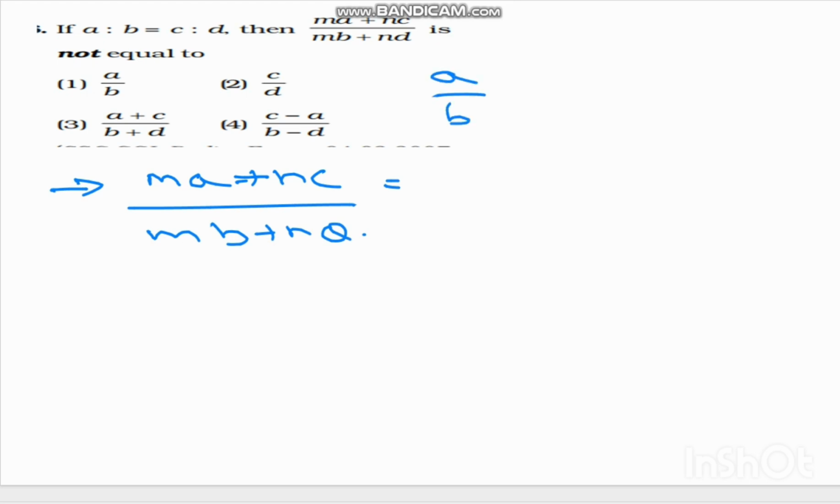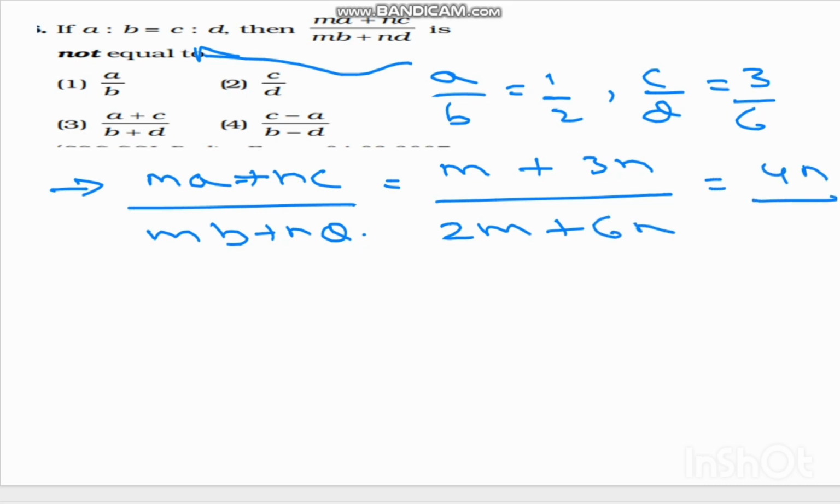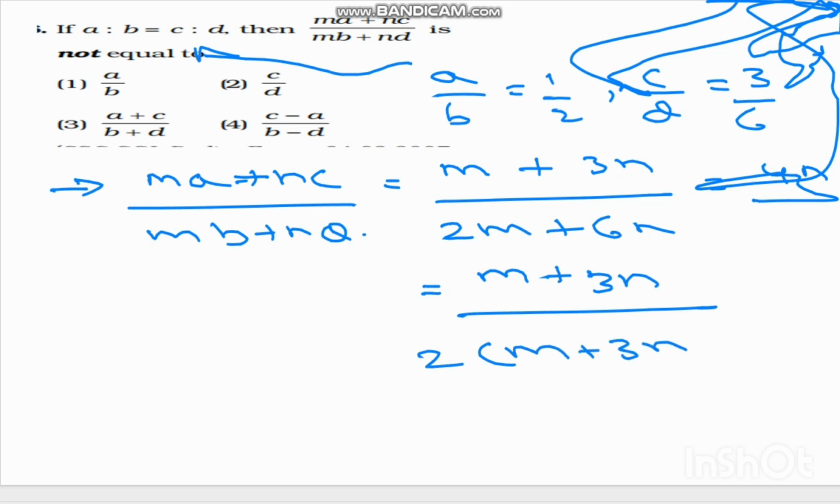So if A by B equal to 1 by 2, C by D equal to 3 by 6, because given here that A by B equal to C by D. So M plus 3N by 2M plus 6N equal to, if we take 2 as common, M plus 3N by 2 times M plus 3N, equal to 1 by 2.